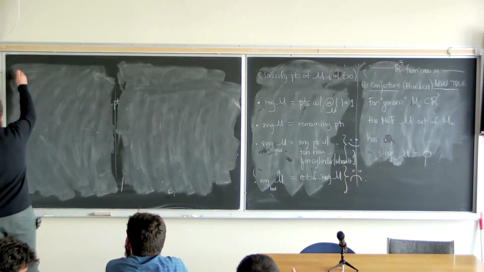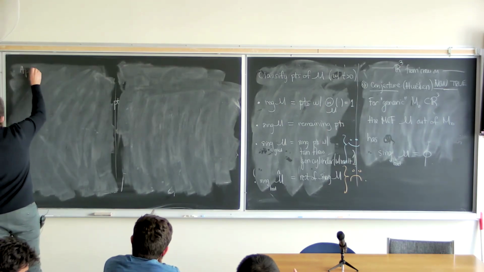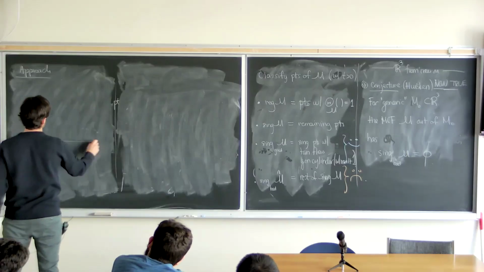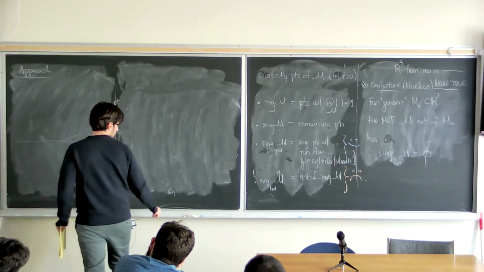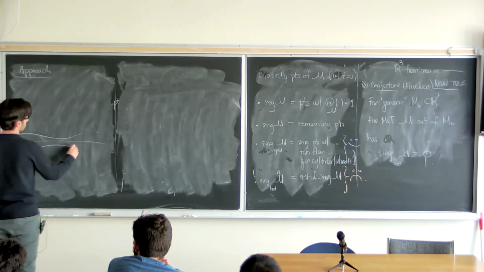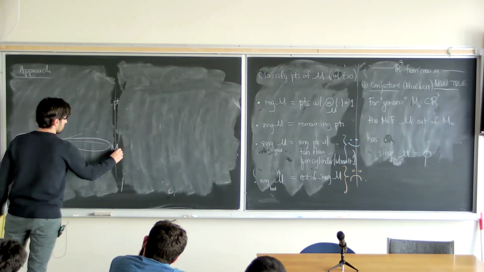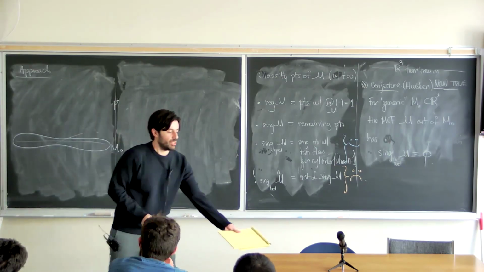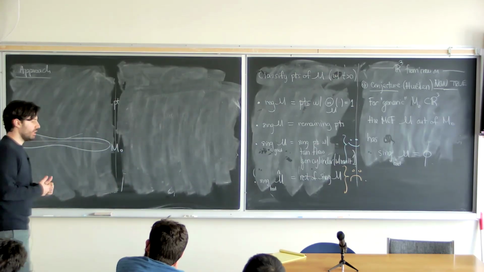So here's the approach. Let's say you have your initial condition. What you do is you don't just look at that initial condition. I think this idea goes back to Ilmanen and others.